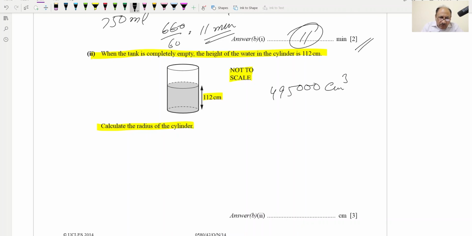This is the volume. So volume of a cylinder is equal to pi r squared multiplied by h, and h in this case is what?